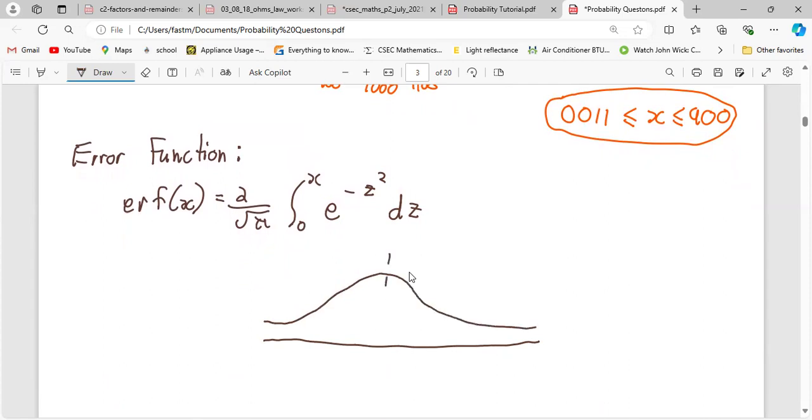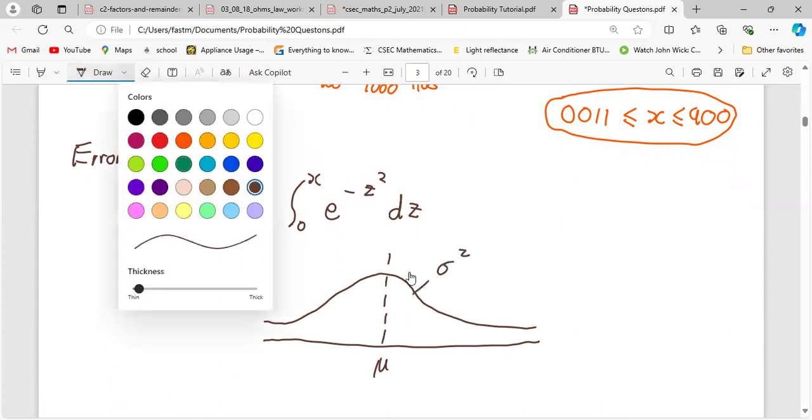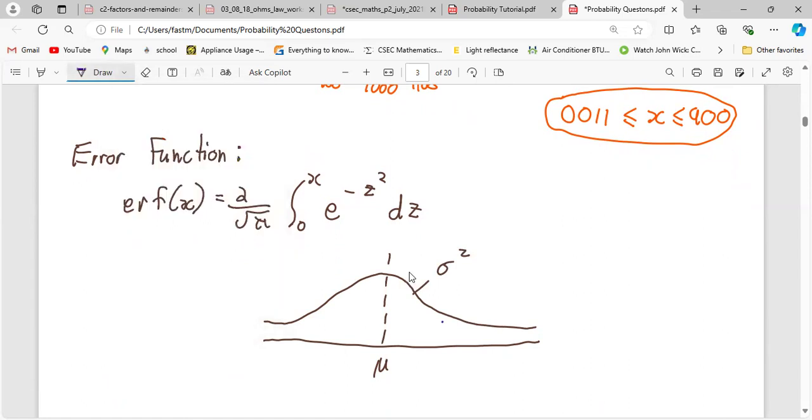So we know it's centered about the mean, with the spread being the variance. For erf, the error function, because it's symmetrical, if this is x, this will also be minus x, symmetrical about the mean.